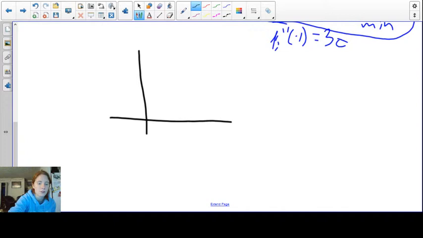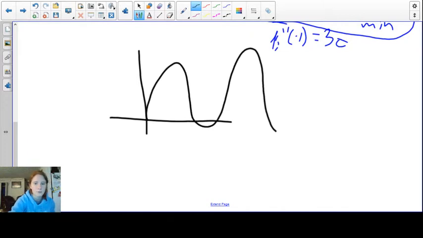The first derivative gives me the zeros, and tells me if something's increasing or decreasing.